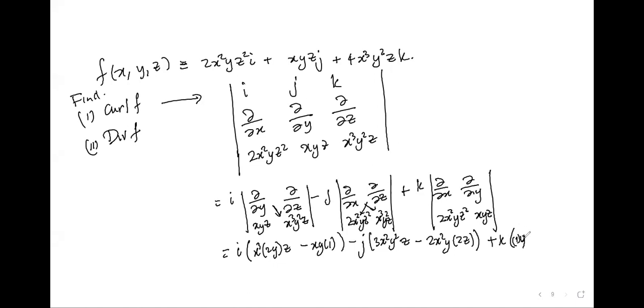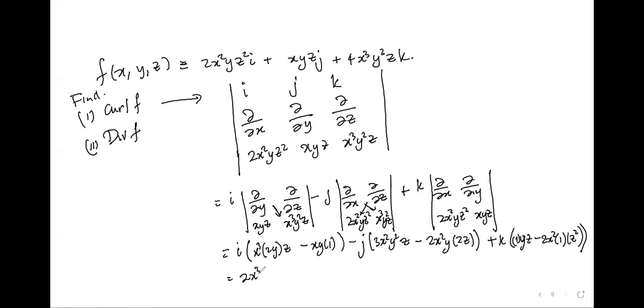x, y, z, minus the derivative with respect to y. So that's 2x squared, 1, z squared. So I can put the i where we normally see it now.